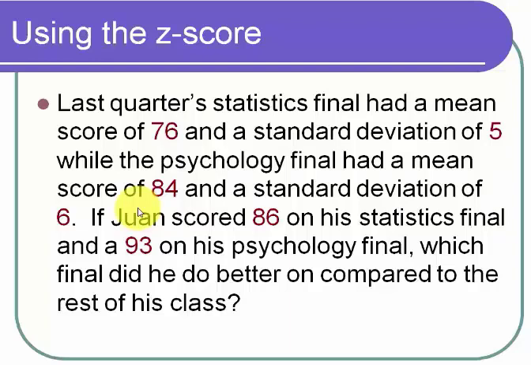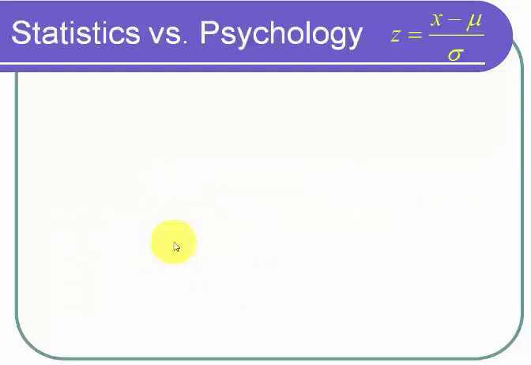The z-score is a way of comparing two different scores or two different values that come from different sets of data. So let's use z-scores to compare.